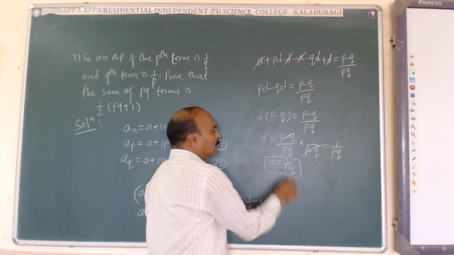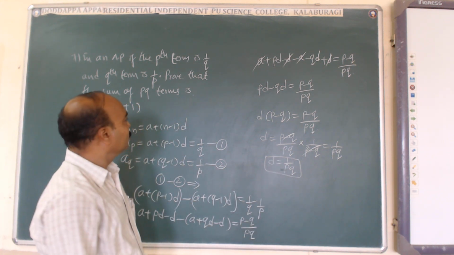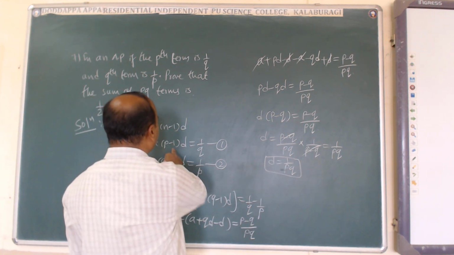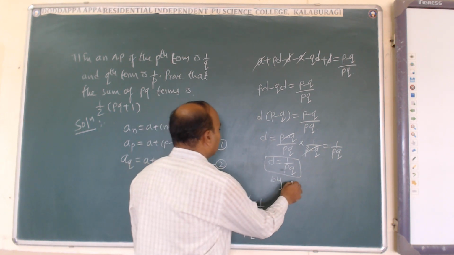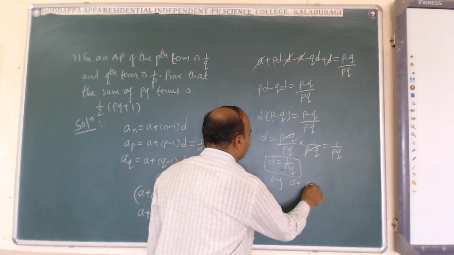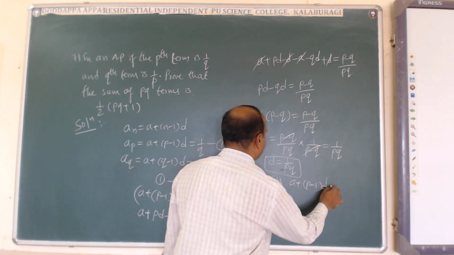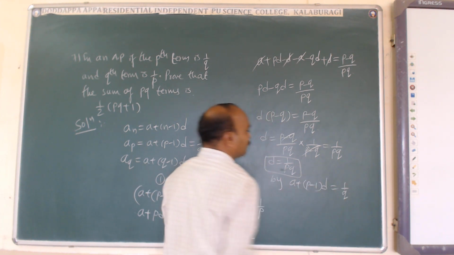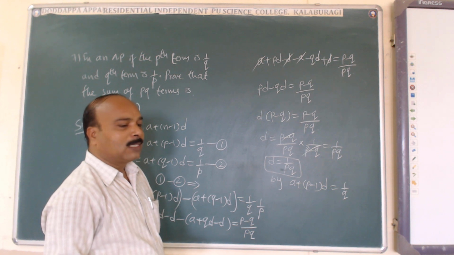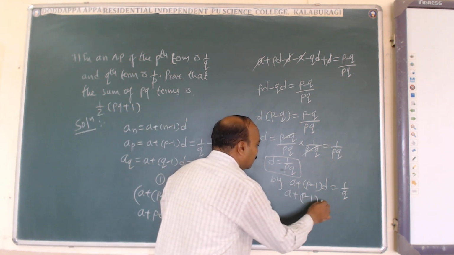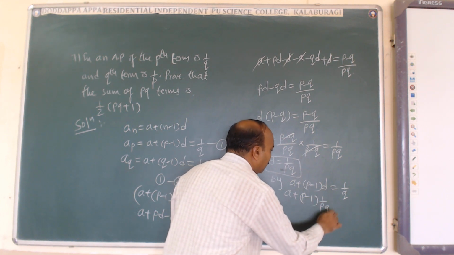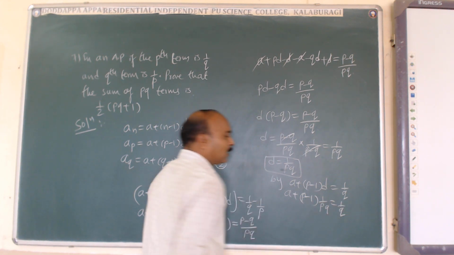Using this d, we find the value of a. For that, I use equation number 1. By 1, what is a given here? a plus p minus 1 into d equal to 1 by q. Here we put the d value, 1 by pq. a plus p minus 1 into 1 by pq equal to 1 by q.